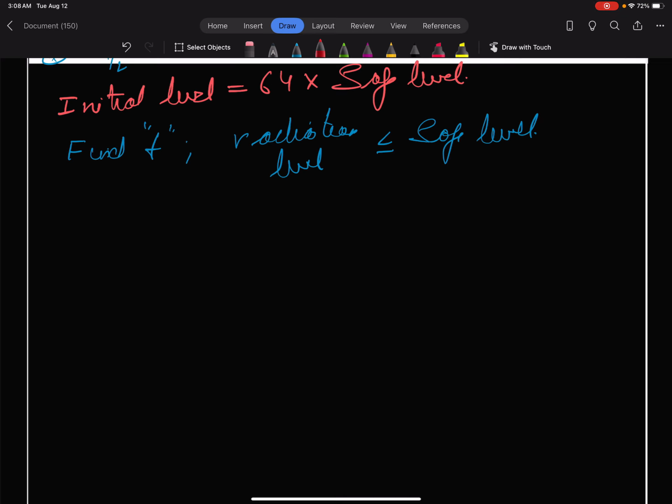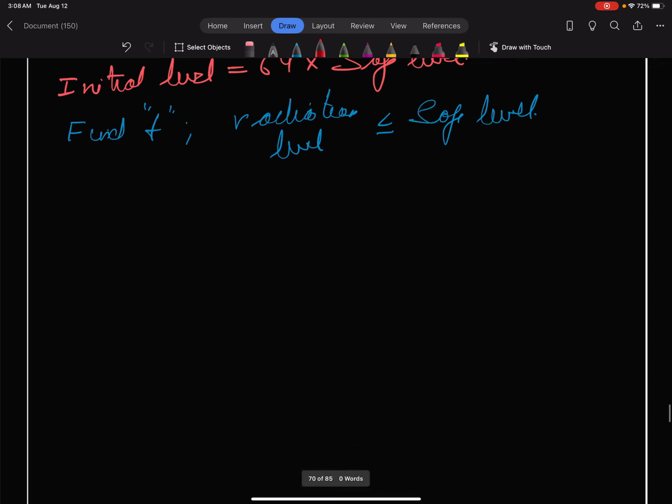So we can use the decay formula for activity, or in other terms we can also call it the decay formula for radiation level.